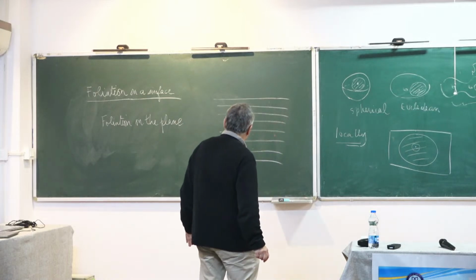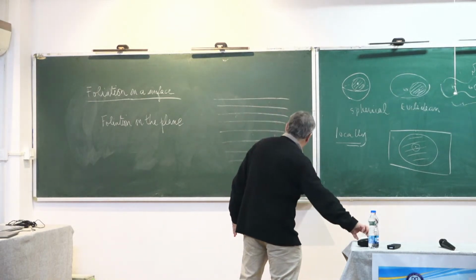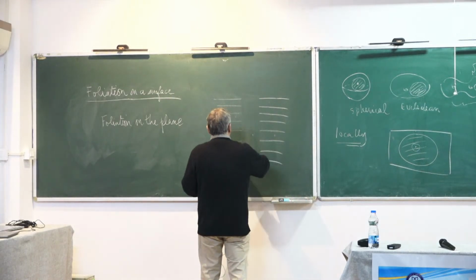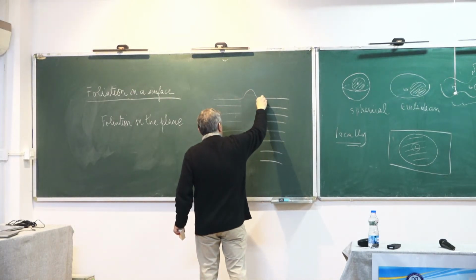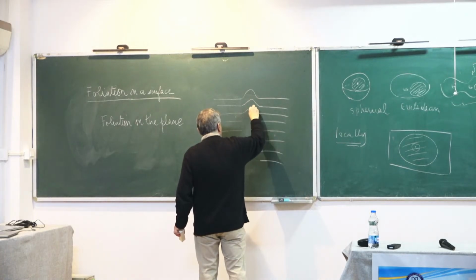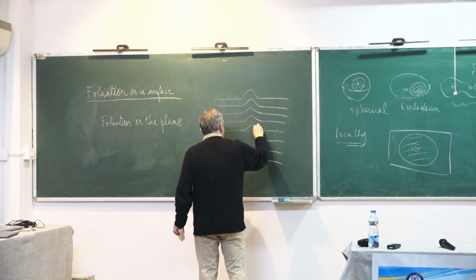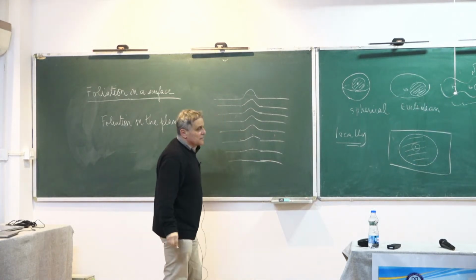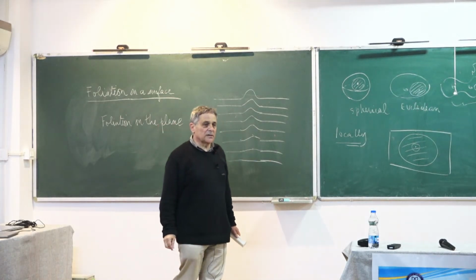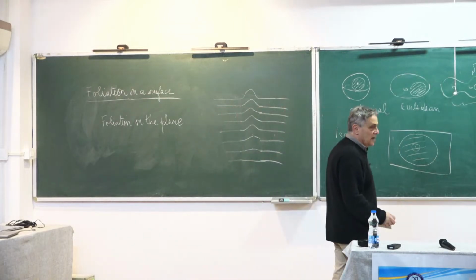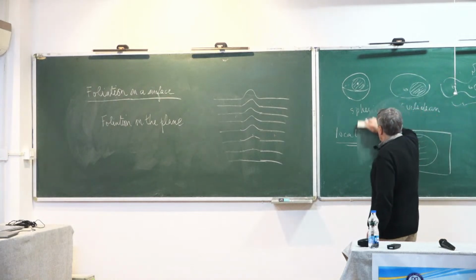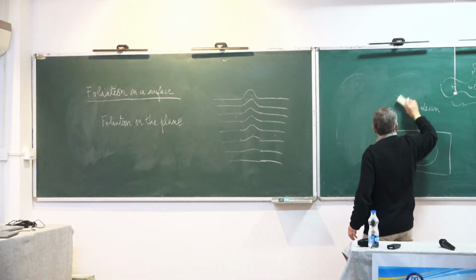You could make it like this, and so on. This is also a foliation. So what is a foliation? How do I define a foliation on a surface? Let me tell you how you define a foliation on a surface.